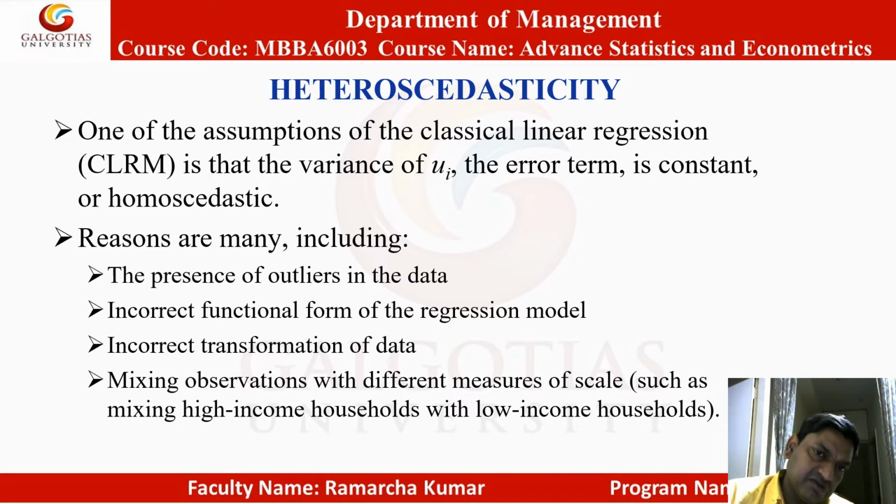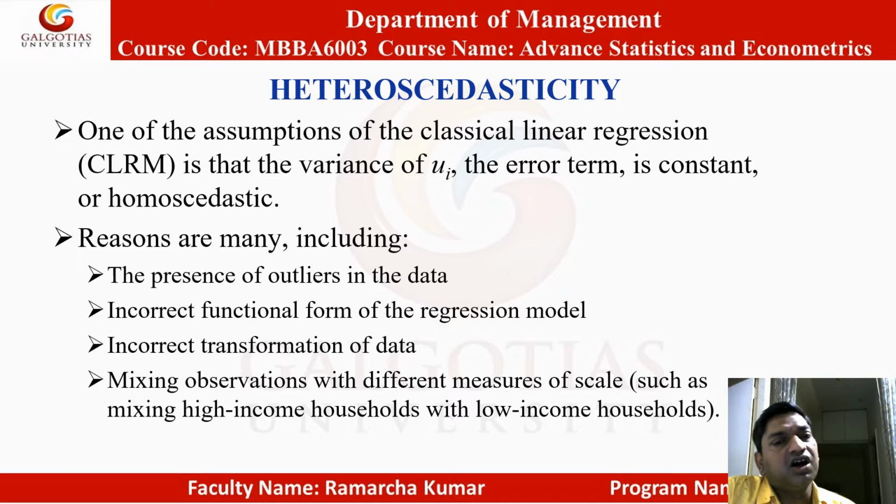The reasons for heteroscedasticity are many. Some of them are presence of outliers in the data. If you have outliers, which means values are extremely high or extremely low in the data, then this may cause heteroscedasticity. Incorrect functional form of the regression model.